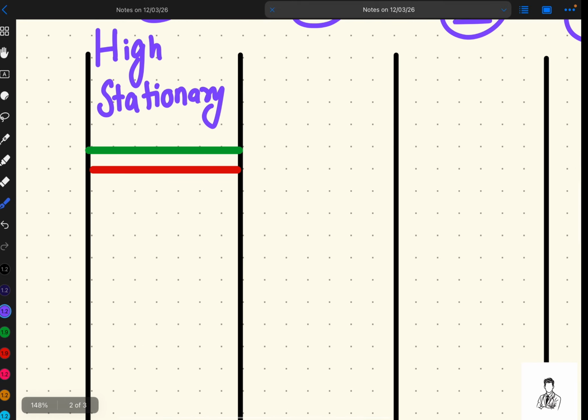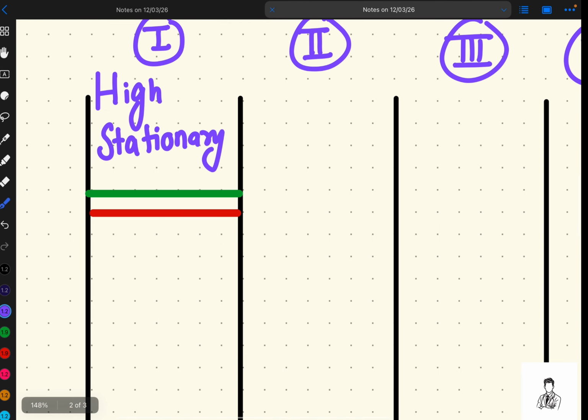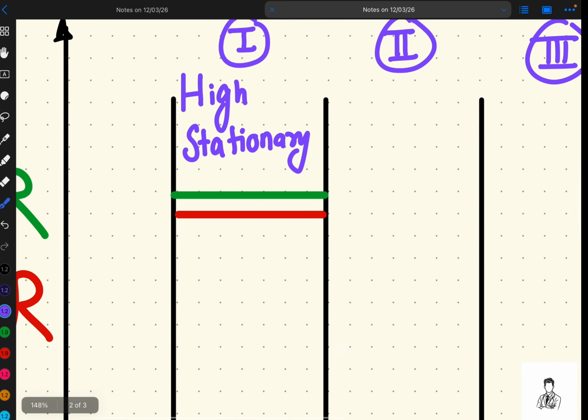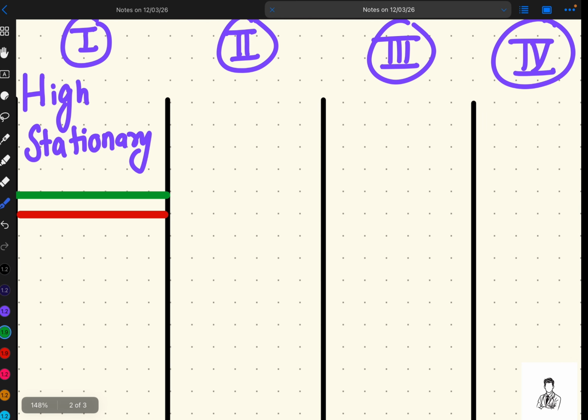Here we see poor sanitation, epidemics, famine, no medical care, primitive societies. We can say almost no countries are in this stage today. Birth rate and death rate are the same.